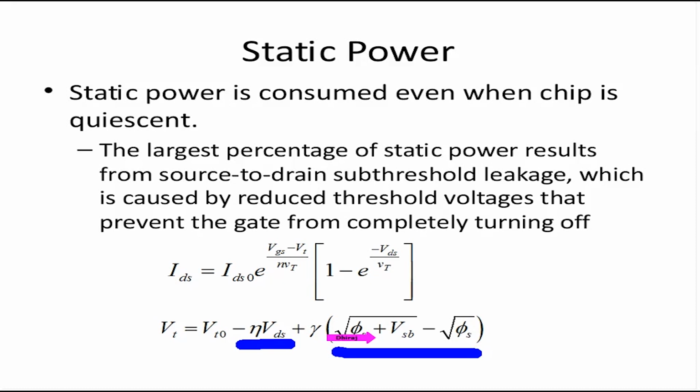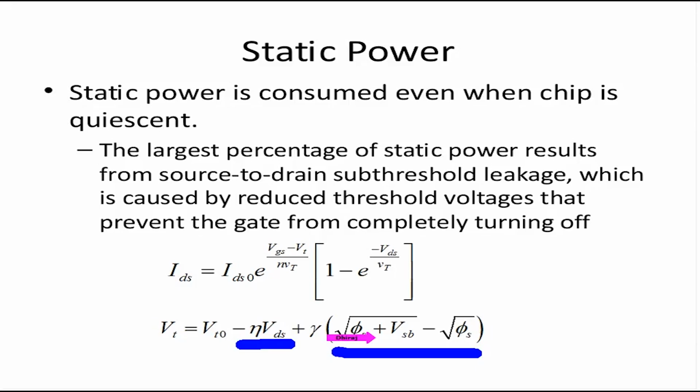So the bottom line is that the lower the VT, the more leaky is the device. Why? The lower the VT, the higher is the IDS, and therefore the more leaky is the device, but the device is faster. So the technology library guys who build the technology library now have options, right?